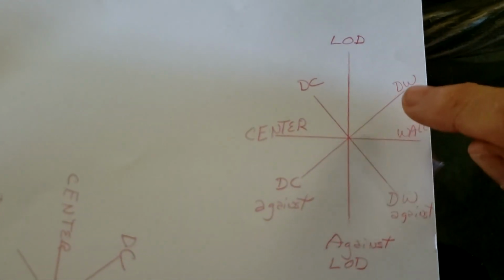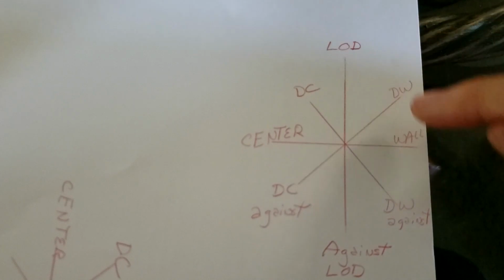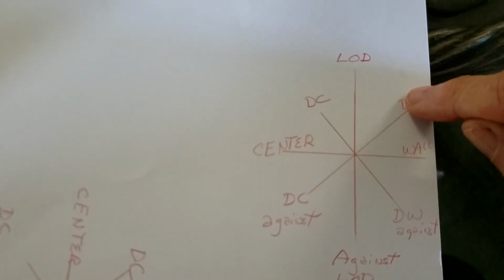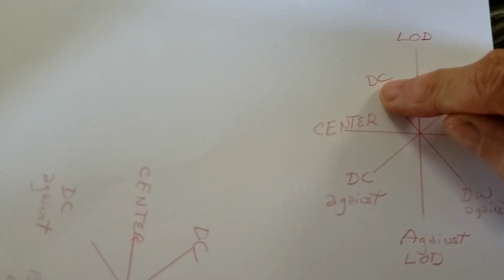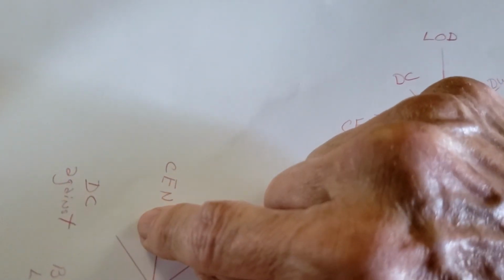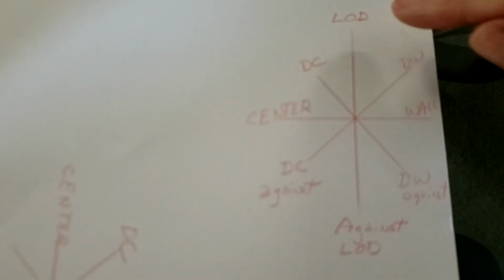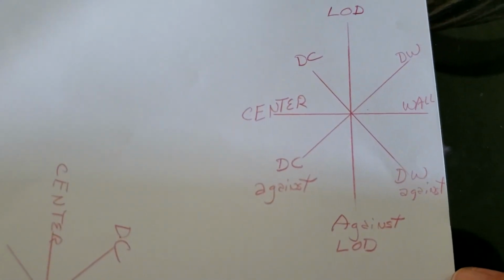But once we start applying our movement to this line, we now rename it diagonal wall. That's our diagonal center. Over here, that direction was against the line of dance, but this is now our line of dance. So everything has changed. And then if we were to come around to the next line of dance, we would be back to the first one again.